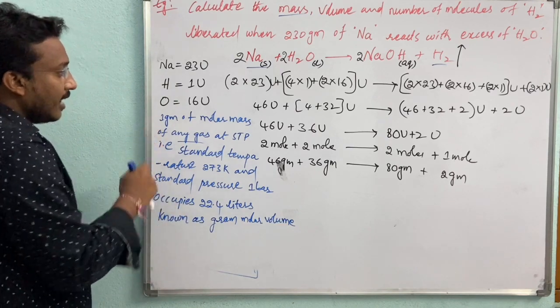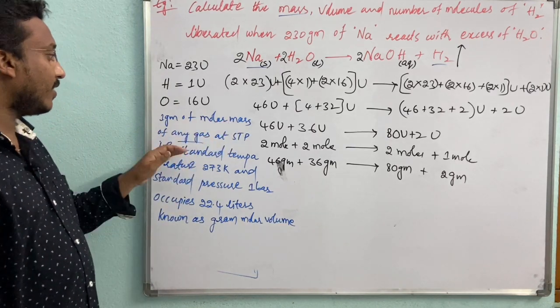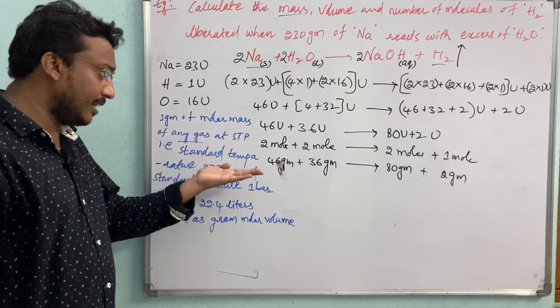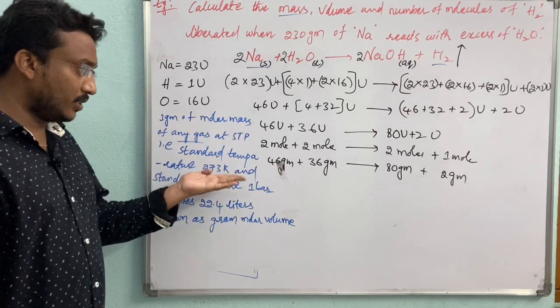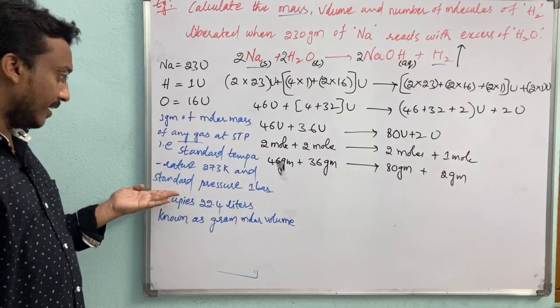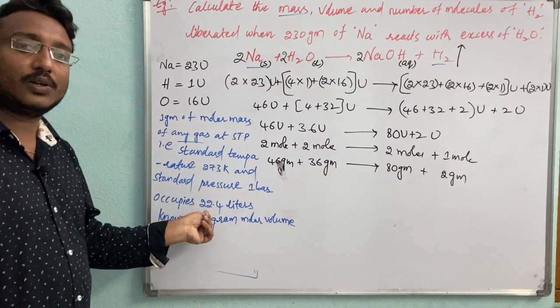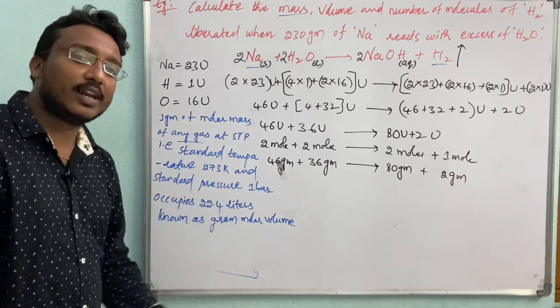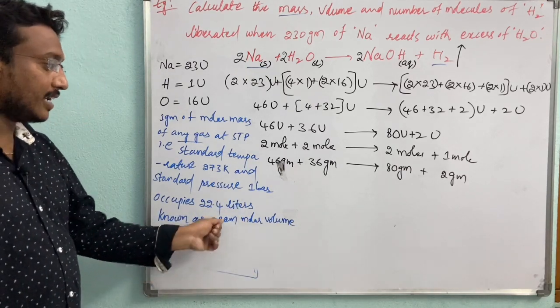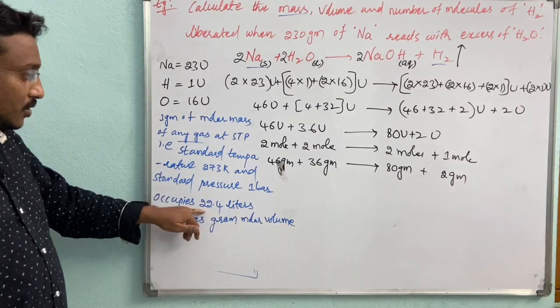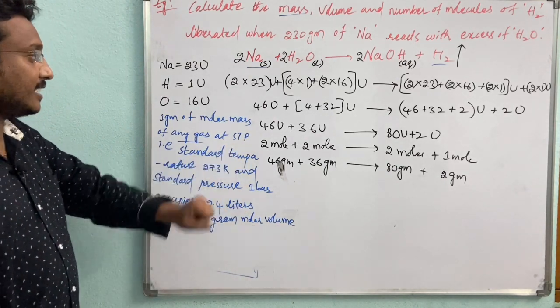Then 1 gram molar mass of any gas at STP, that means standard temperature 273 kelvins and standard pressure 1 bar, occupies 22.4 liters, known as gram molar volume. Gram molar volume is considered 22.4 liters at STP.